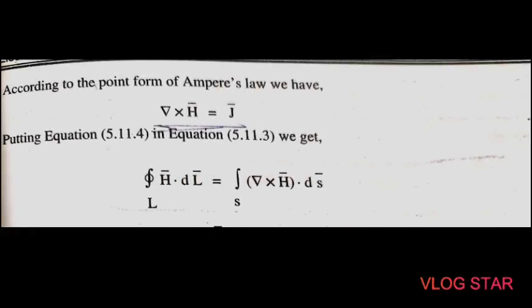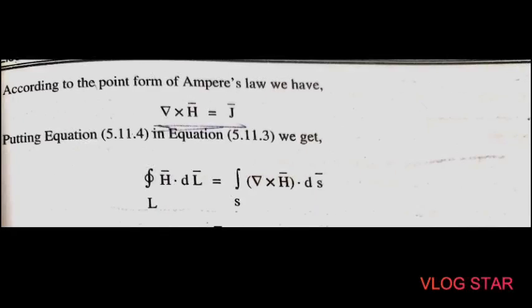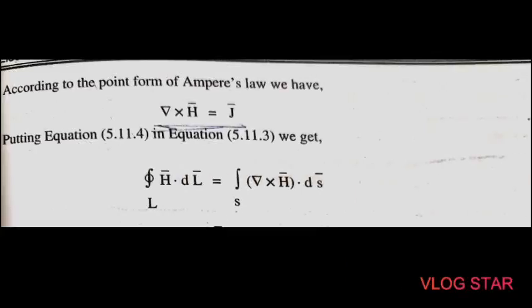So we get the line integral of H bar dl bar, the left hand side as it is, equal to the integration over the surface, where the value of J is del cross H bar and ds bar is as it is. So we can put here del cross H bar dot ds bar. This is the final statement of the Stokes theorem.